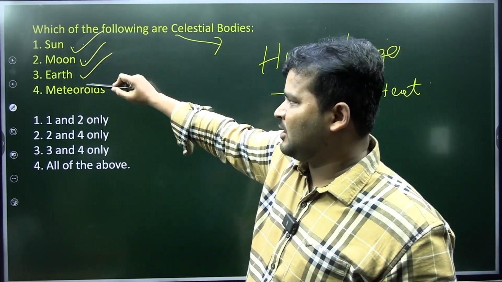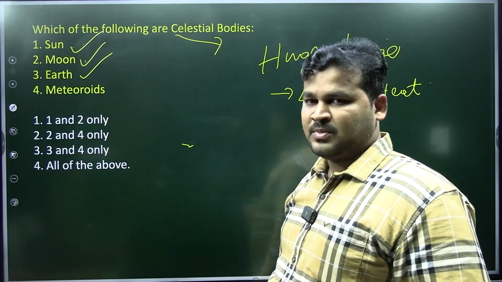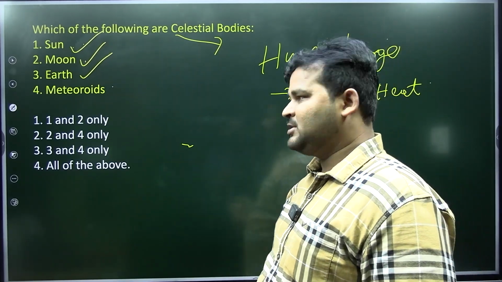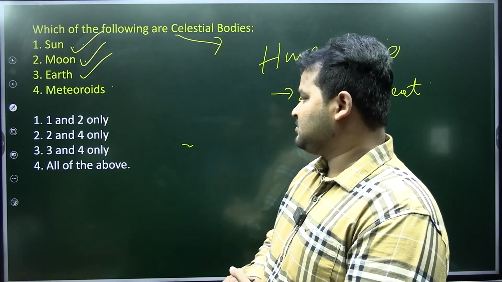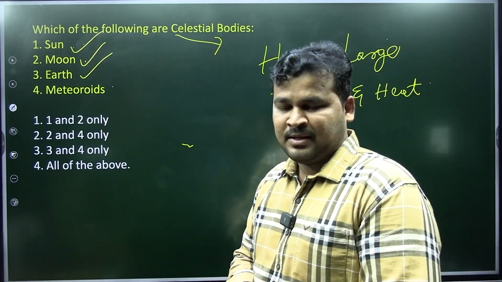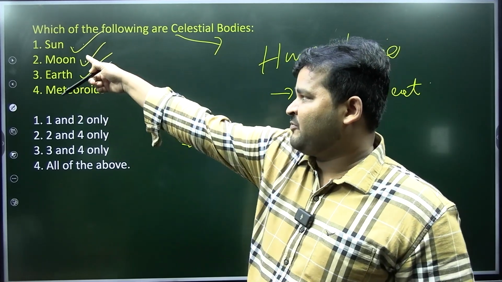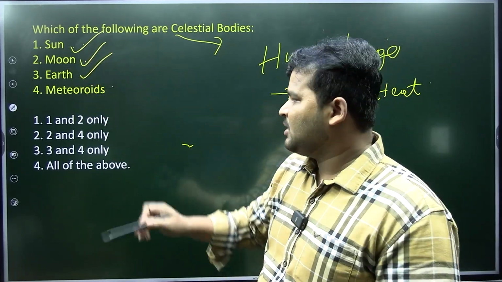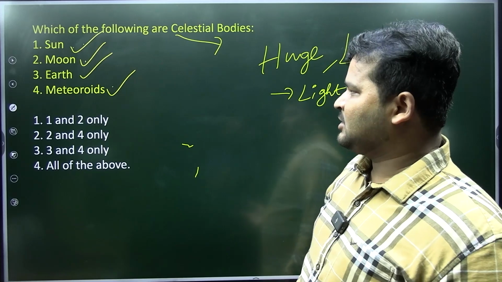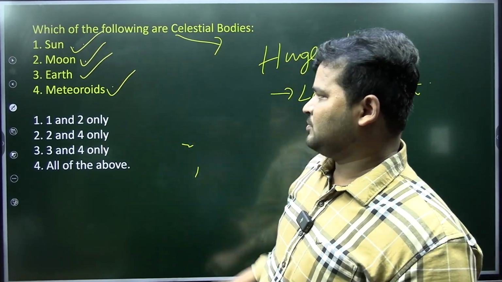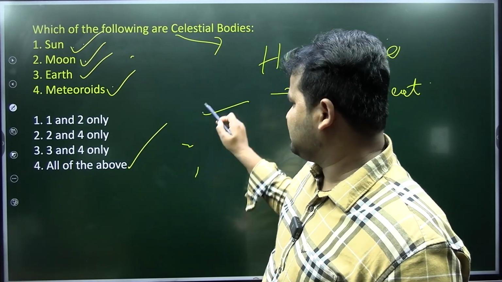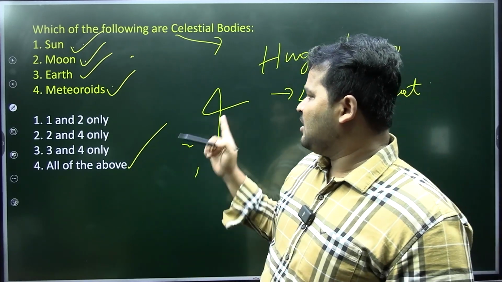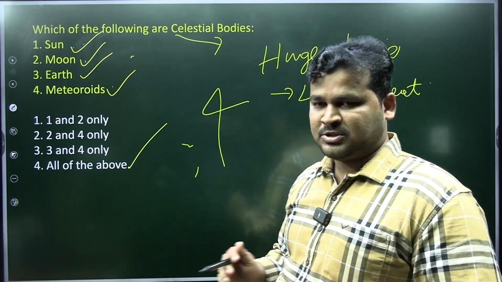So 1, 2, 3 are celestial bodies. Coming to meteoroids, they are also very huge rocky bodies. They are also emitting light with the help of the sun. So finally, all the options are true. So according to this, we can conclude that this is the right one. So 4 is the right option for this question.